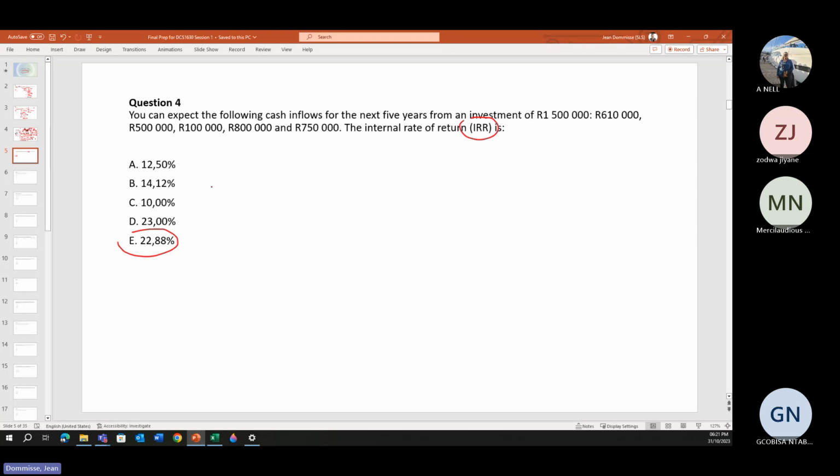Also for amortization and those kinds of things, I normally like to use Excel more than the calculator, just because I haven't really used amortization on a calculator for ages.